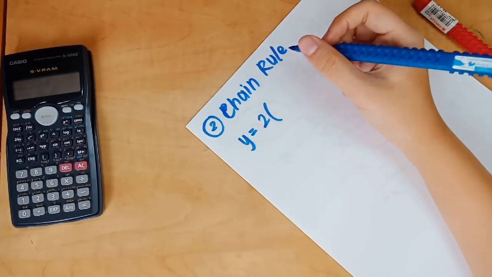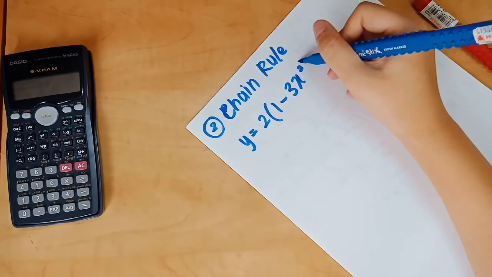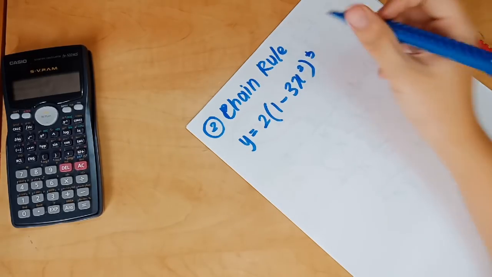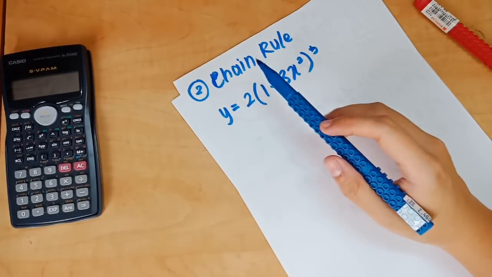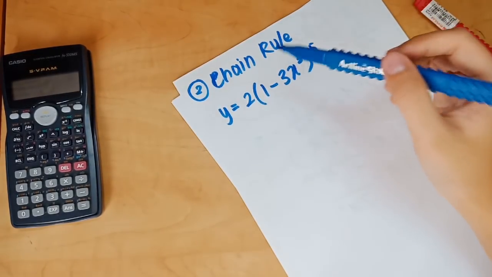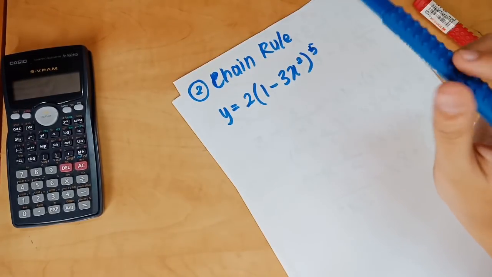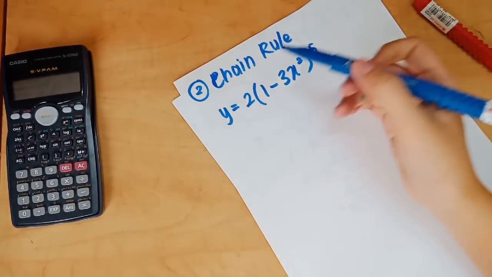A composite function is when you have a number in front of the equation. You have a number here. But you don't actually need to know what a composite function is. As long as you know what to do when you are given this kind of equation, it is fine.